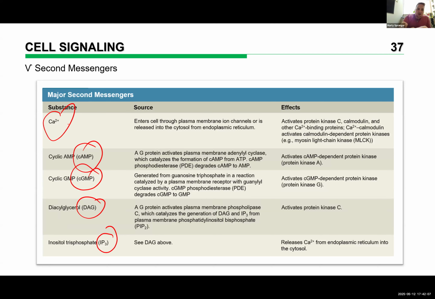We'll also see that very often calcium binds to calmodulin.